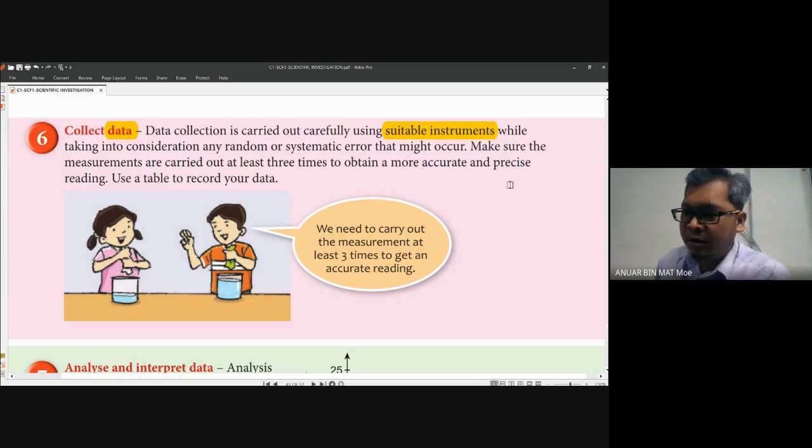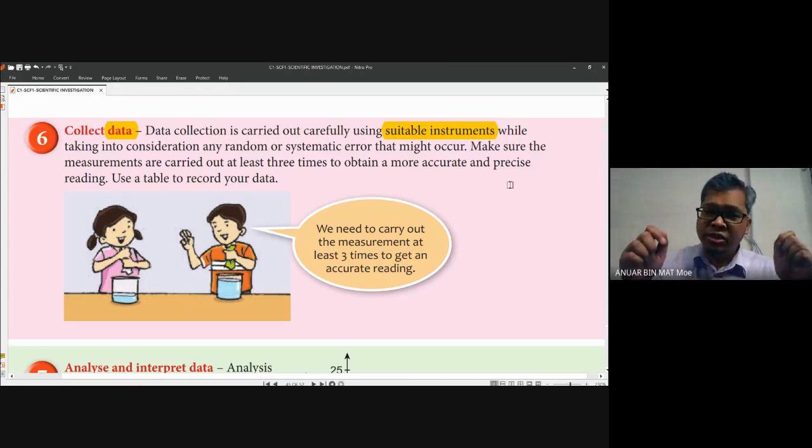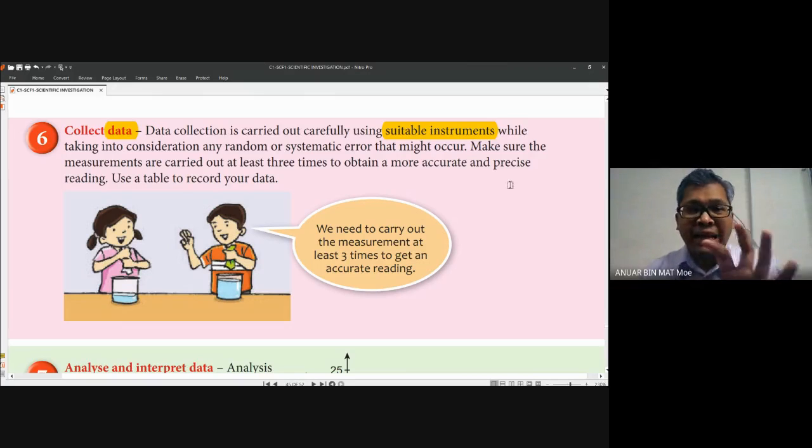Very good, thank you very much. Yes, correct. You can use a measuring cylinder. If you want to measure the size, you might use a ruler, depending on the physical quantities that you want to measure.